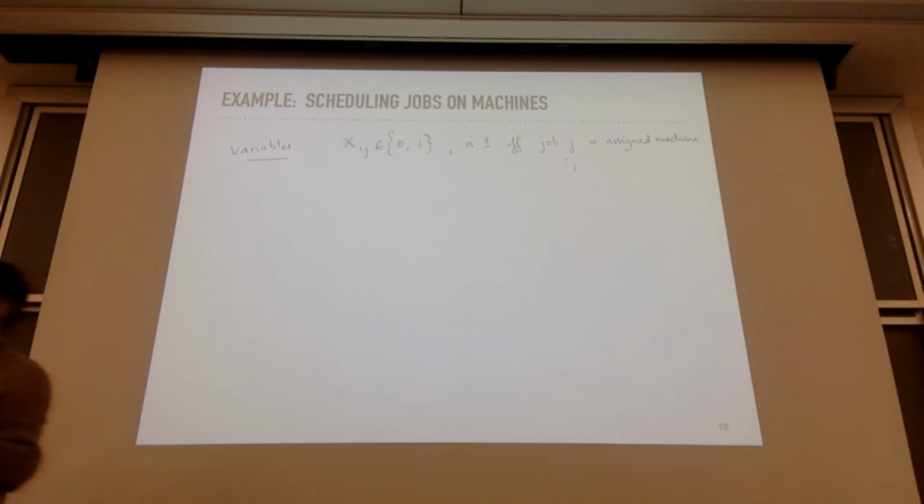So one of the sanity checks is that an assignment to the variables must let you read off a solution to the problem.